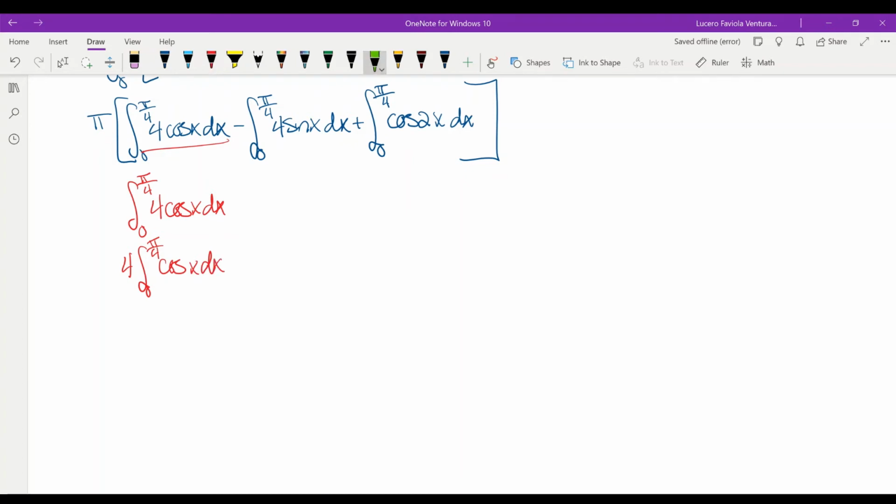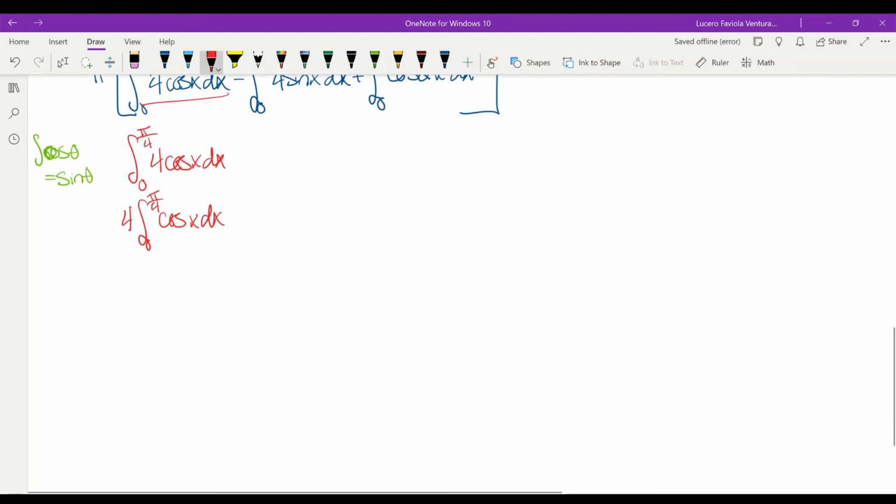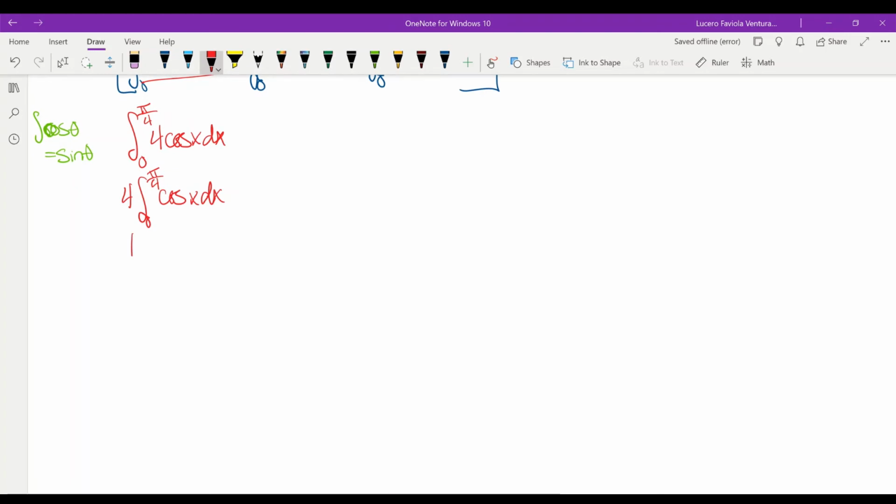So the integral is easy to find from here, because the integral of cosine theta is equal to sine theta plus c. We'll ignore the c for now and come back to it towards the end. So now we have 4 times sine x from 0 to pi over 4.